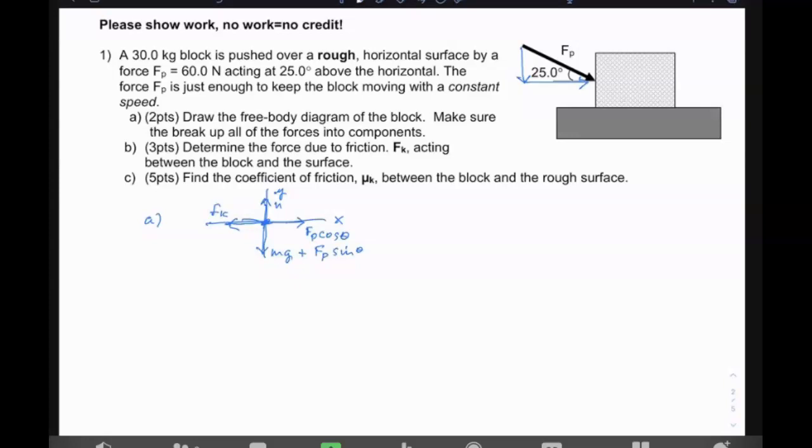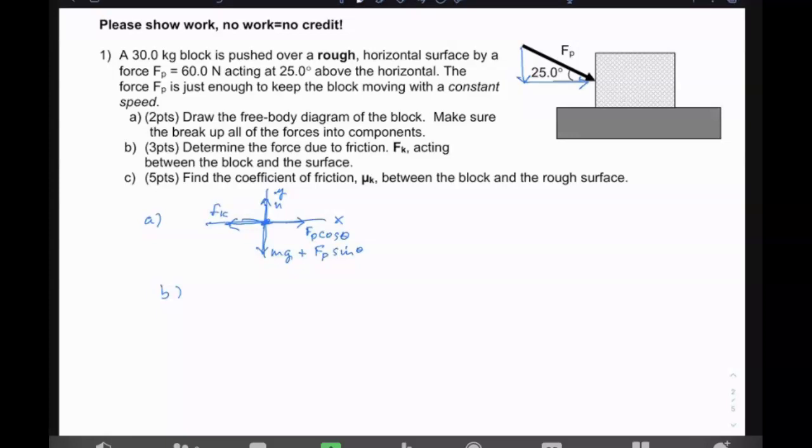In part B, we're asked to determine the force due to the friction, F sub k, acting along the block and the surface.